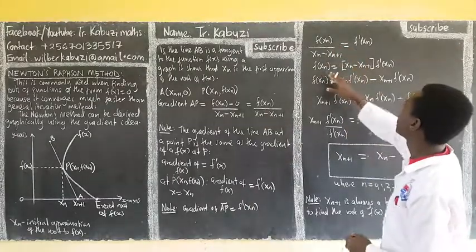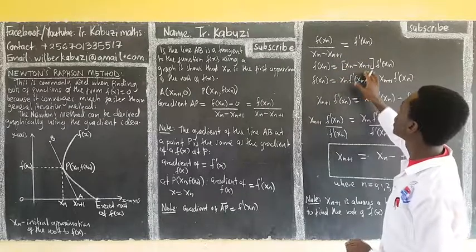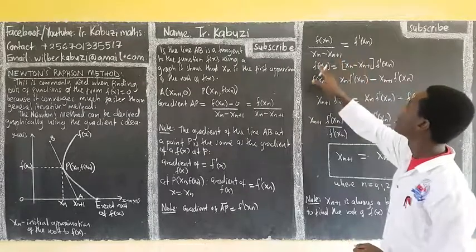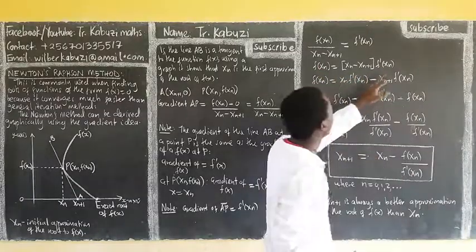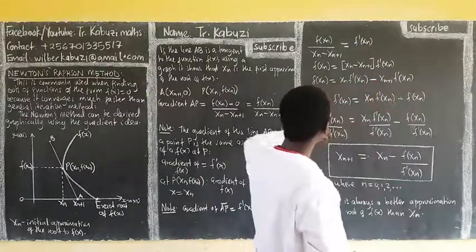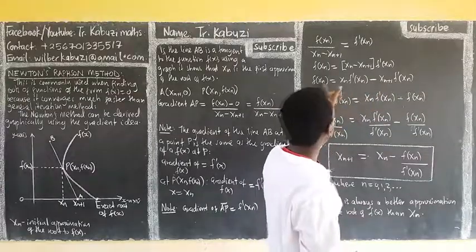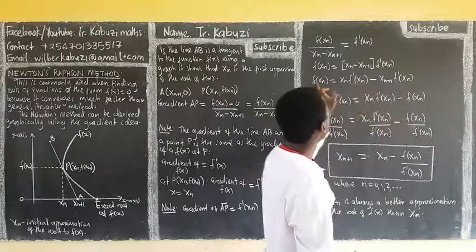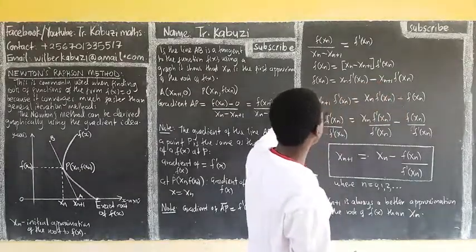We cross multiply: this times this, we get it to this side, and 1 times this, we get this. Open the brackets: this times this, we get xn, and this times this, we get that. Bringing this side and taking this side, a positive becomes a negative, and a negative becomes a positive.